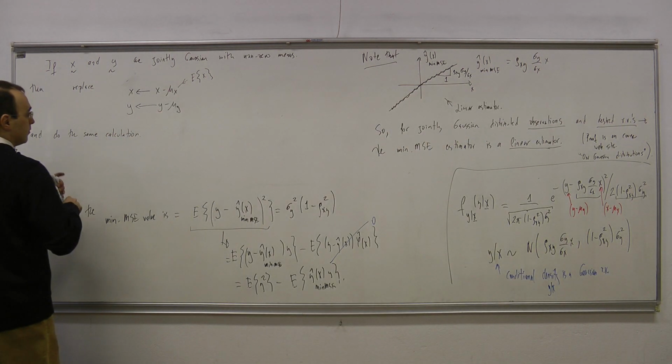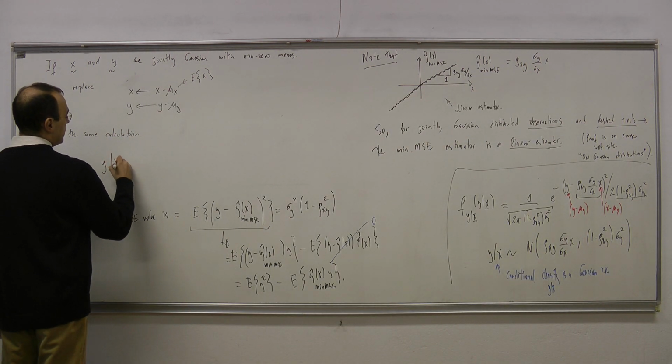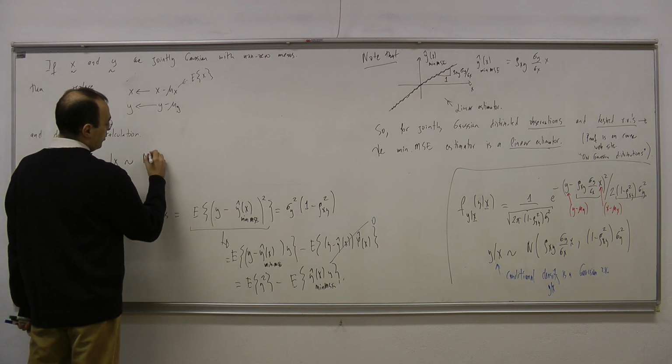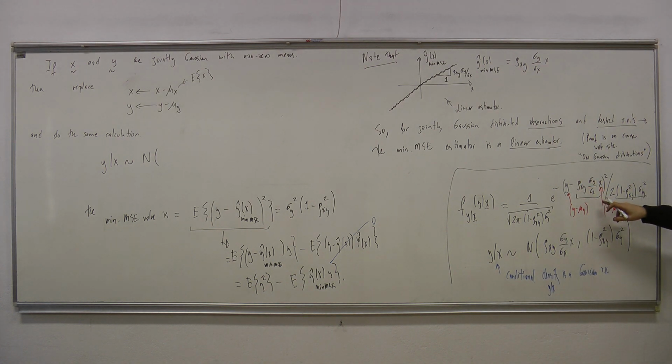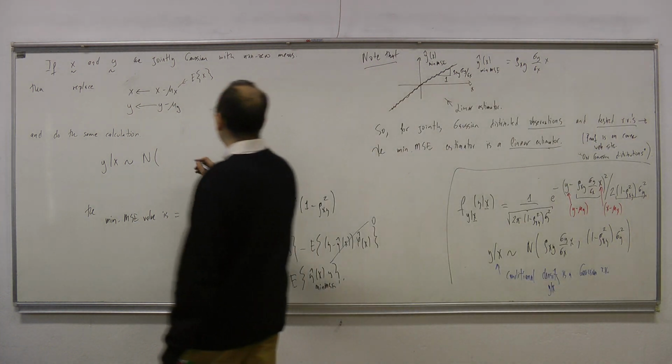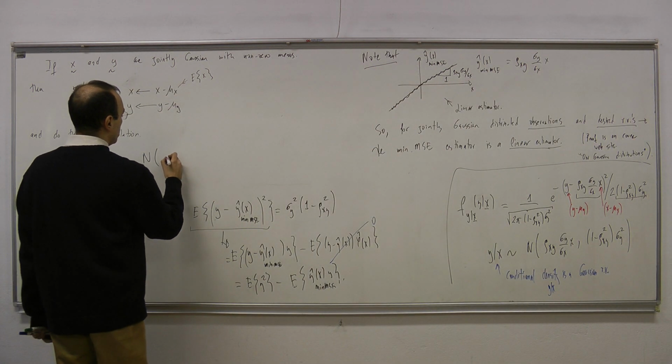Then y given x is again Gaussian distributed. So the only thing is, now what is the mean value of this? Because there are no other x's or y's in this conditional density. So instead of this one I'm writing this. Let me write.